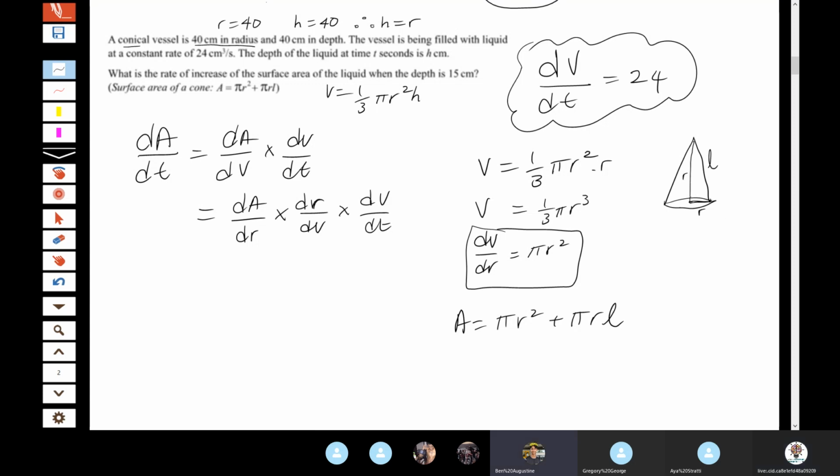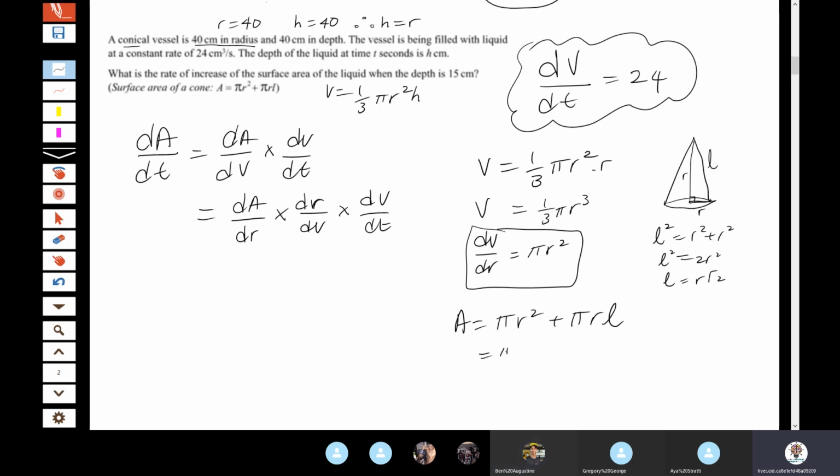Pythagoras. That's how you find your L in terms of R, because your H is R. L squared equals R squared plus R squared, which is 2R squared. So L equals square root of 2 times square root of R squared, which is R root 2.